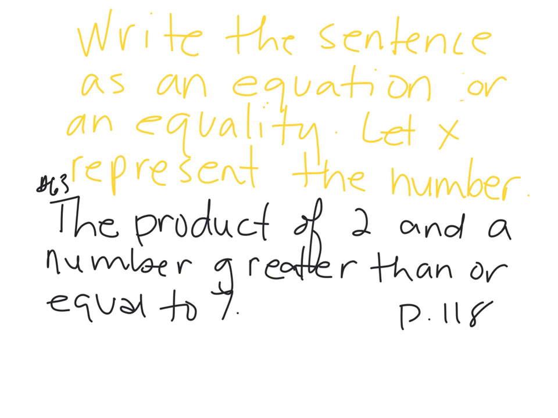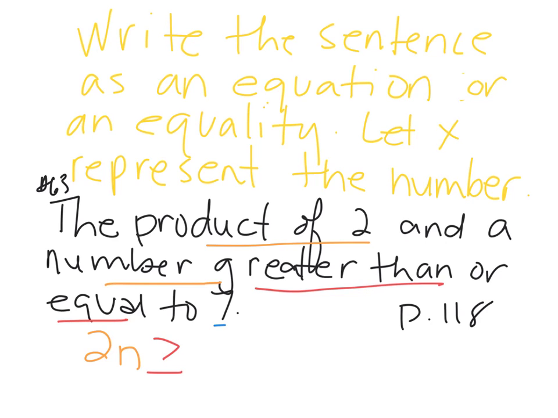To do this, you have to break the sentence down. We want the product of 2 and a number, so we can say that's 2n. That is going to be greater than or equal to, so that goes here. And then the last part is the 7, and that would go there. So that's how you would rewrite this.